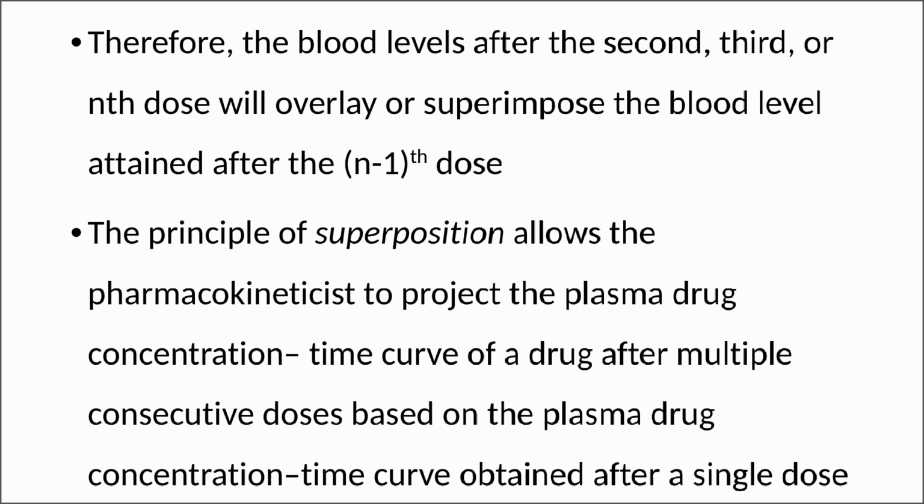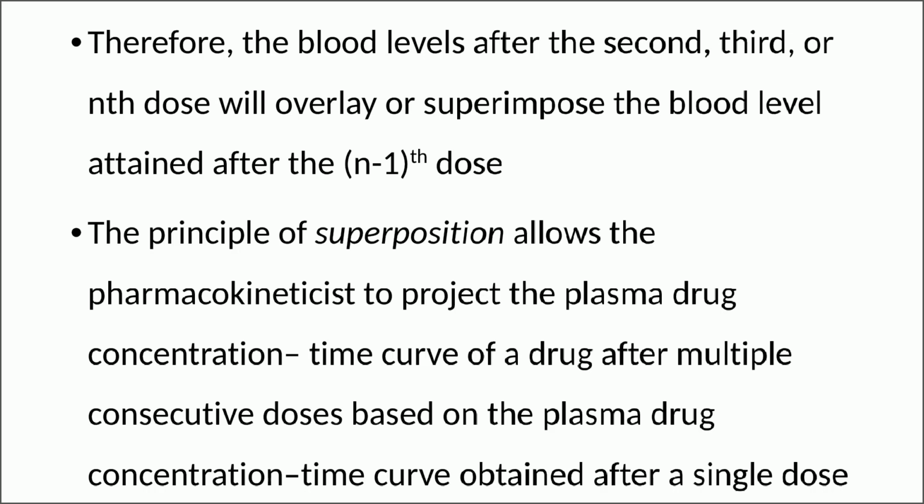The principle of superposition allows the pharmacokinetist to project the plasma drug concentration time curve of a drug after multiple consecutive doses based on the plasma drug concentration time curve obtained after a single dose.